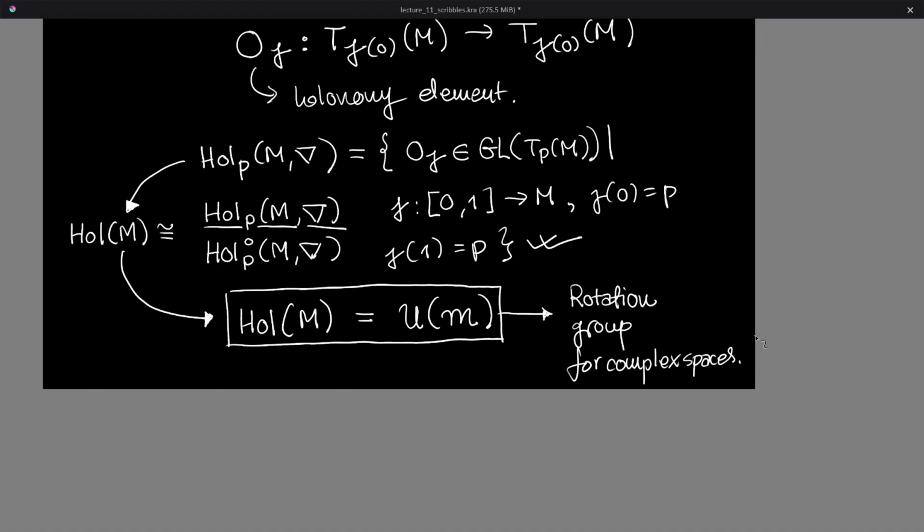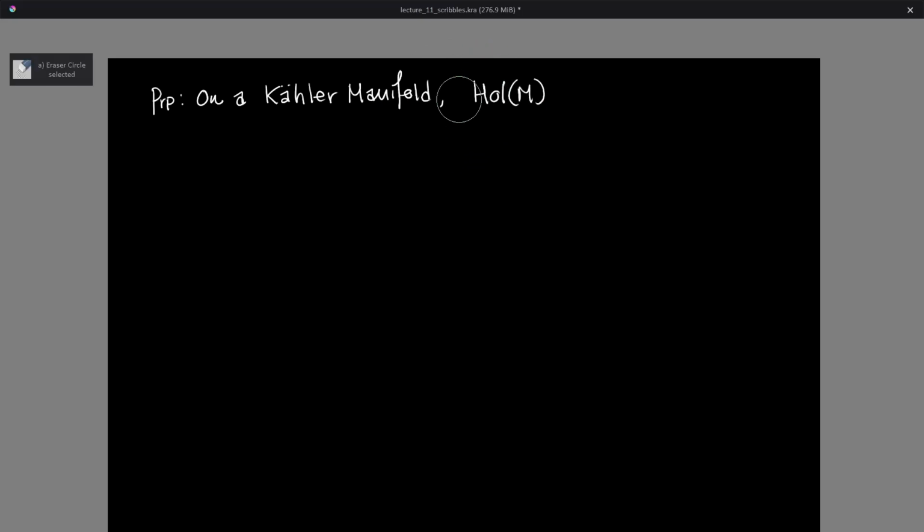So let's now prove our statement, or proposition. Let's call it a proposition. On a Kähler manifold M, Hol_M is equal to the unitary group on m elements.